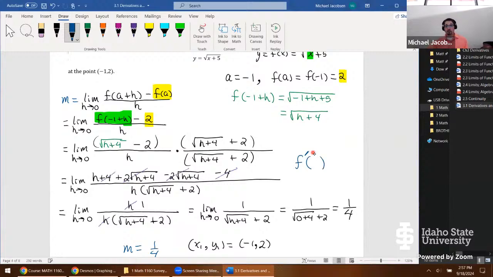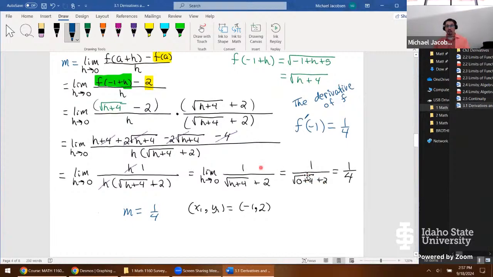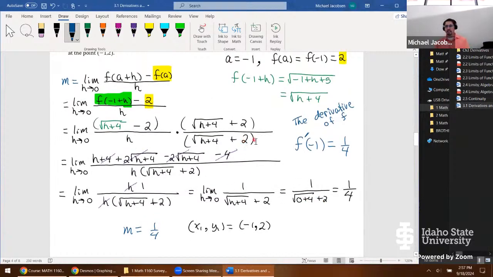It's the derivative at a particular x value, which is the -1 coming from there, equals 1/4. So this is the derivative of f at -1.